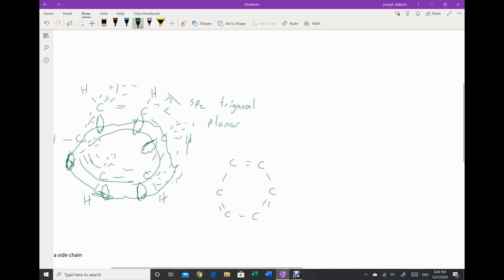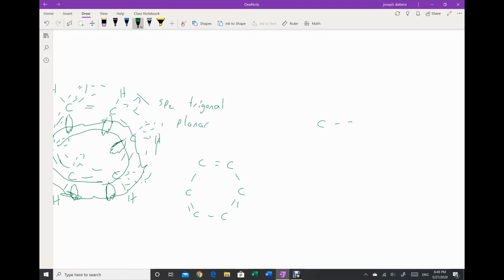But when we actually draw this molecule, sometimes we draw it like this. And then to indicate the double bond, we put a circle going all the way around, because it isn't like the double bond exists here, but not here. This double bond is delocalized through the entire molecule and shared all the way around.